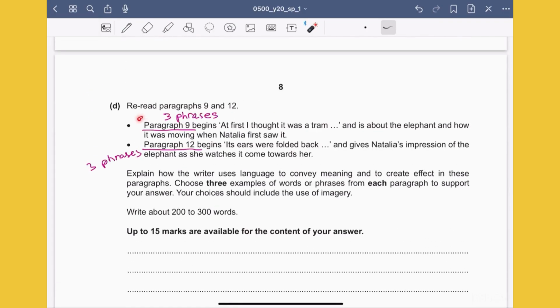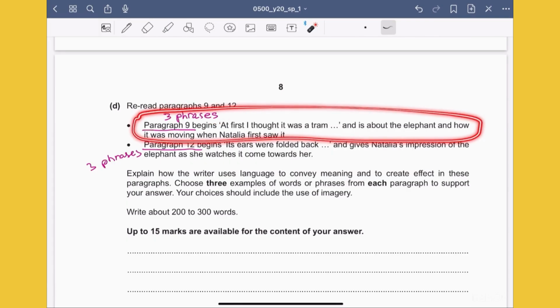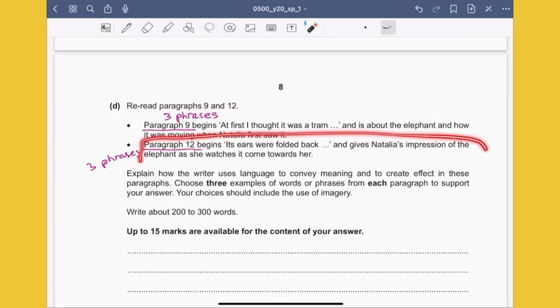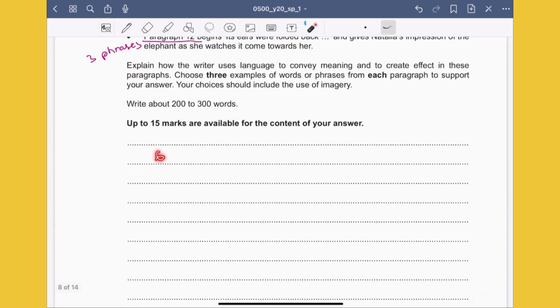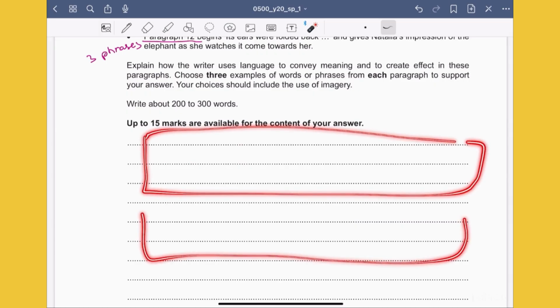You could explain 3 phrases in one big paragraph for the first bullet point and write another paragraph for the other 3 phrases. Or you could make 6 short paragraphs, one for each phrase. Both are acceptable, both are okay.